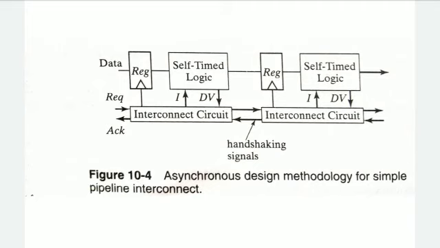When a logic block completes an operation, as shown in the figure, it will generate a completion signal dv to indicate that the output data are valid. The handshaking signals initiate a data transfer to the next block, which latches in the new data and begins a new computation by asserting the initialization signal I.